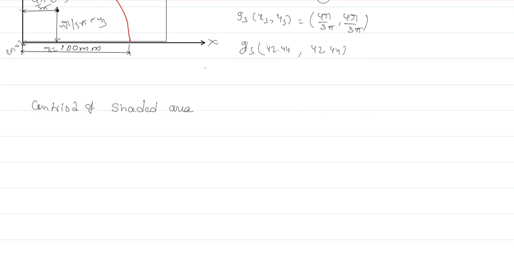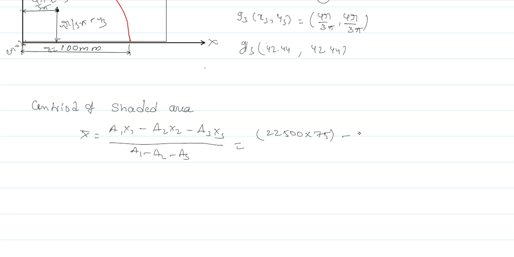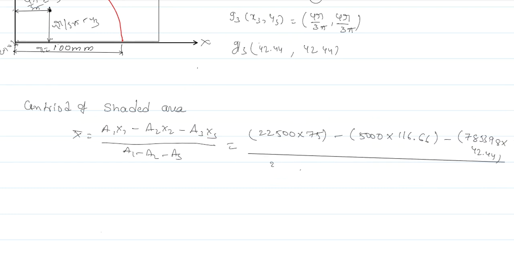We need to find the centroid of the shaded area, that is x bar, where x bar is equal to A1 x1 minus A2 x2 minus A3 x3, whole divided by A1 minus A2 minus A3, where A1 is nothing but 22500 into 75, minus A2 is nothing but 5000 into 116.66, minus 7853.98 into 42.44, whole divided by 22500, that is A1, 5000, that is A2, 7853.98, that is A3.